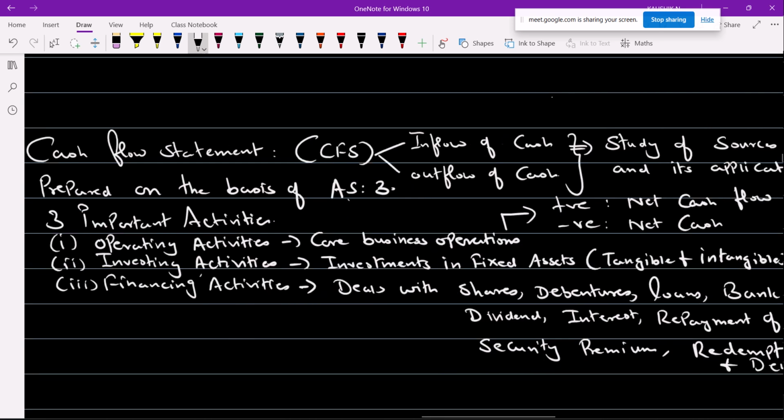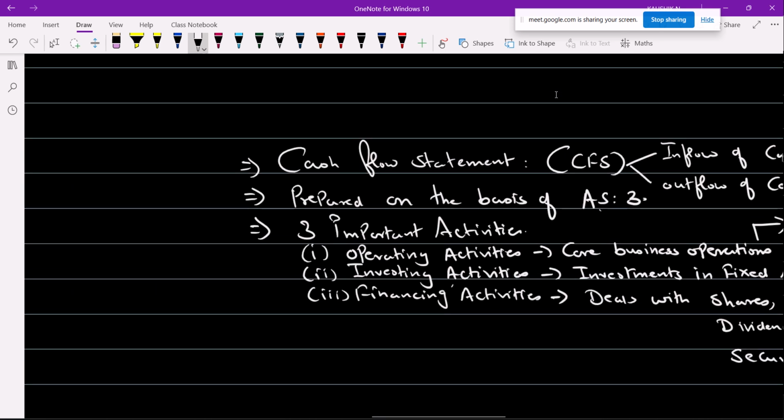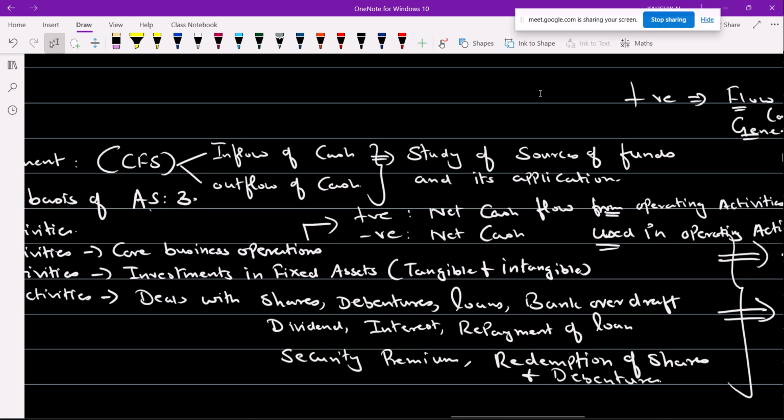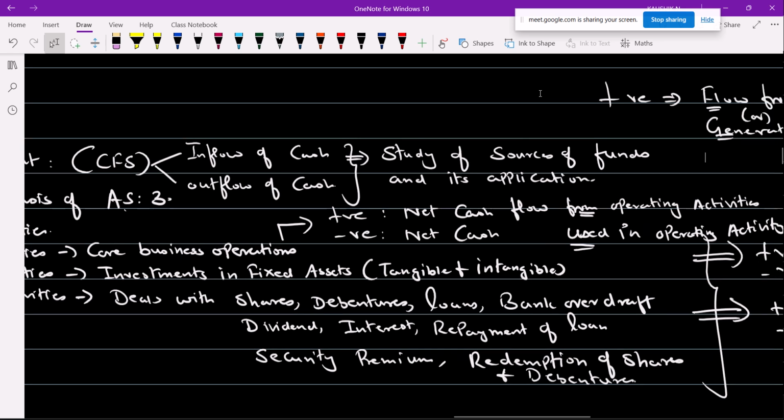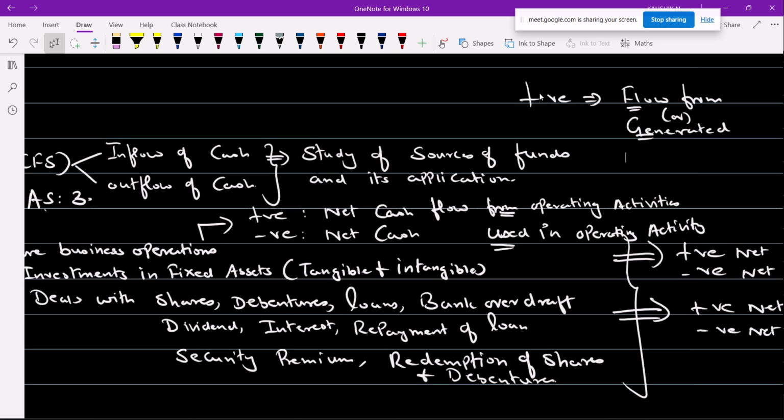So in simple terms, a cash flow statement is a financial statement which talks about the inflow and outflow of cash, or a study of your sources of funds and their application, for an accounting period. That is very important.